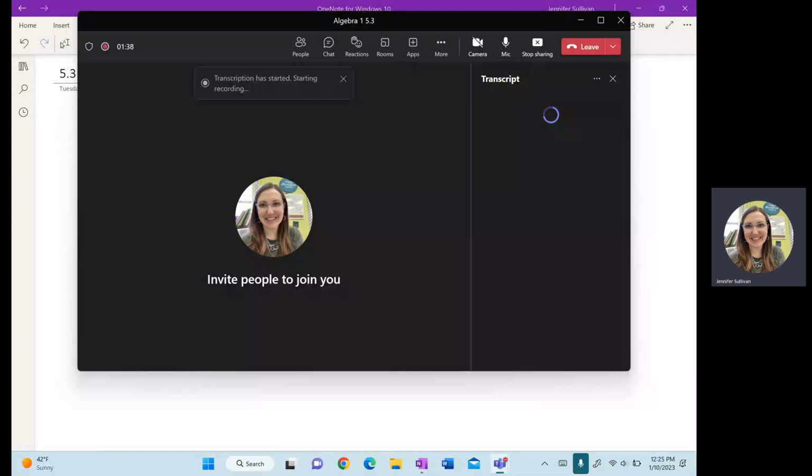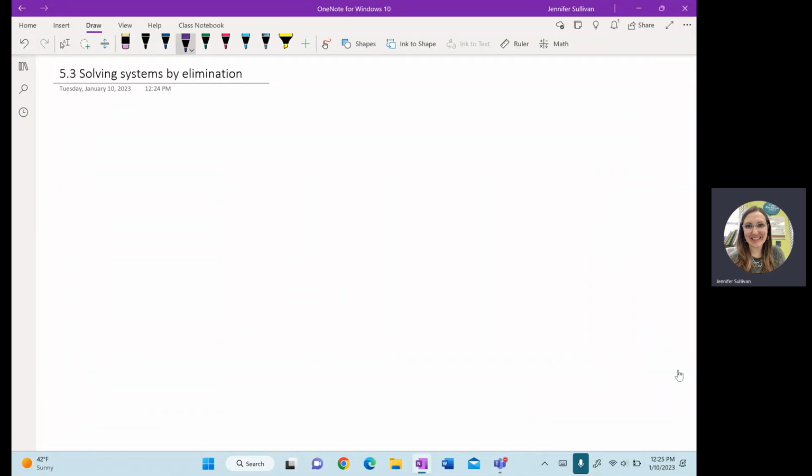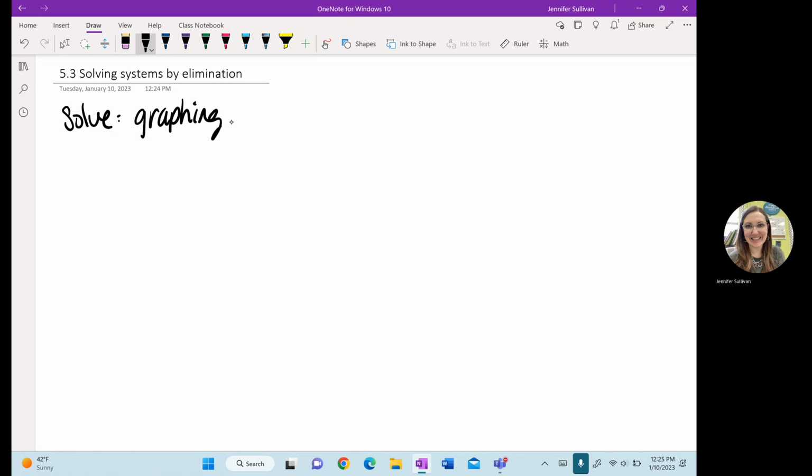Class, today we are going to talk about our third and final method for solving a system of equations. So we've talked about solving a system by graphing and substitution.